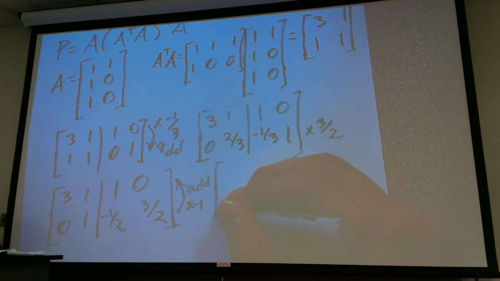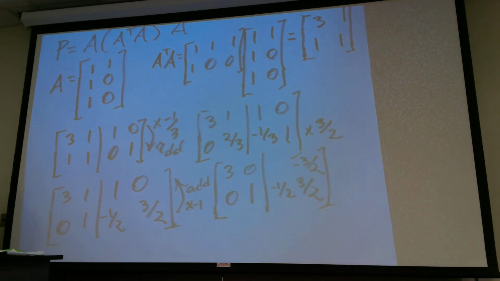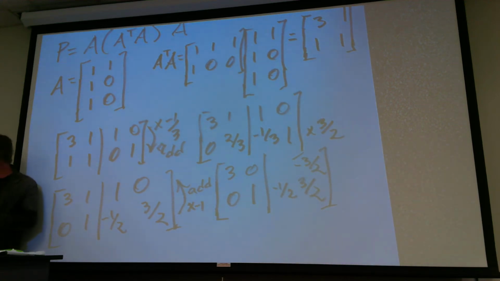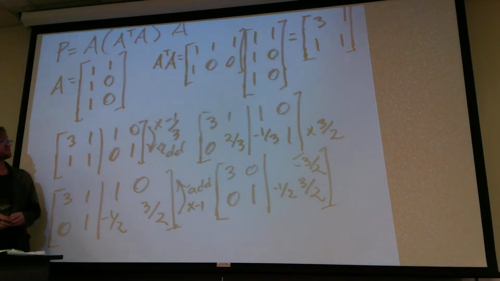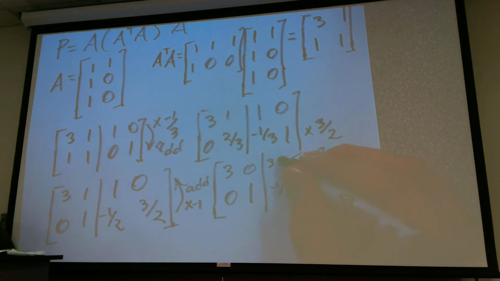Okay, so that would be 3, 0, 0, 1, augment. Augment is not being affected. That would be a negative 3 over 2. Okay? And now negative 1 times negative 1/2 would turn into positive 1/2. 1/2 plus 1 would also be a positive 3 over 2.